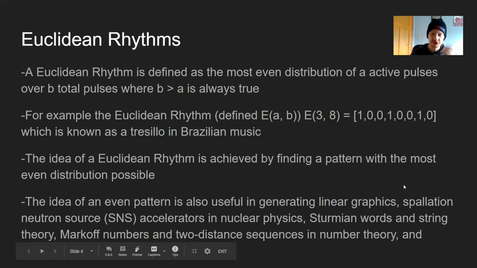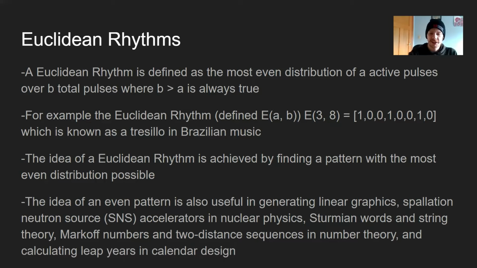I think the most interesting ones are generating linear graphics and calculating leap years in calendar design. Those are both really interesting applications that you maybe wouldn't think you could use the Euclidean algorithm for, but you can, and that's pretty cool.